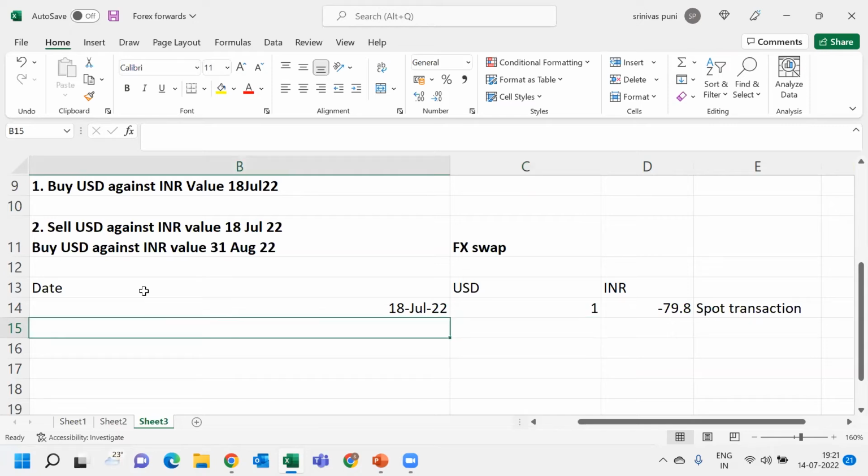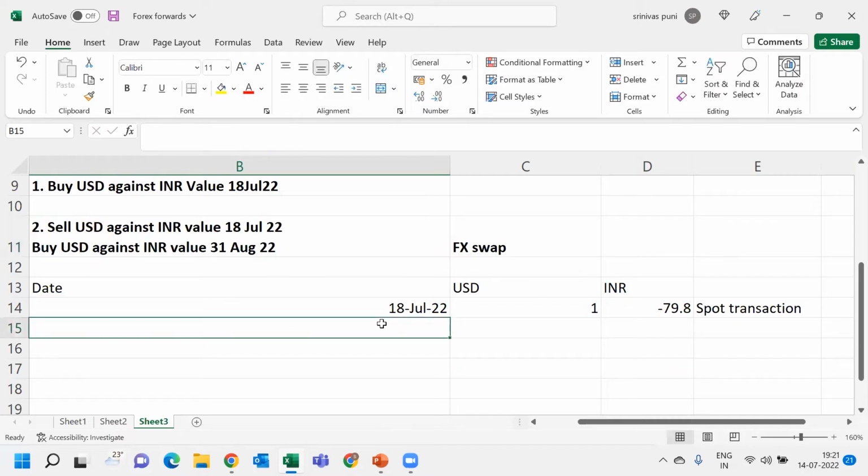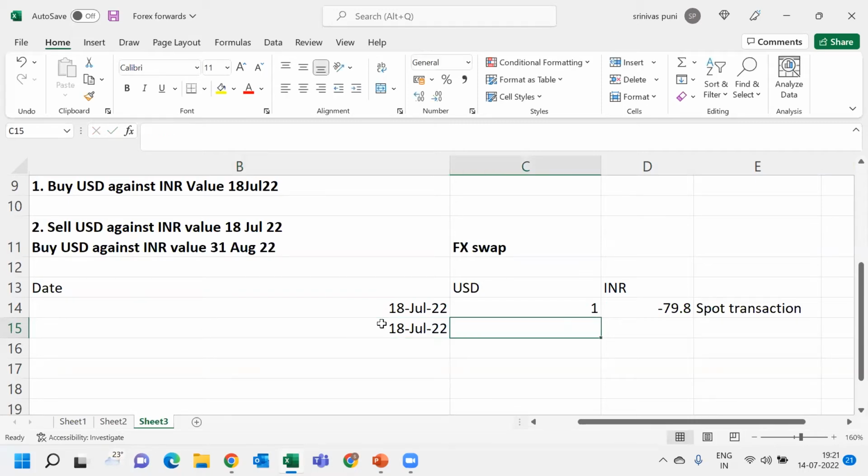Now, the FX swap, the second transaction, is what here? In this case, you are selling. So look at this, sell USD against INR value 18 July. On 18 July, what is going to happen in the FX swap transaction? You will sell dollars, which is -1, and which means when you sell dollars, you will get the equivalent amount of rupees on the spot date.